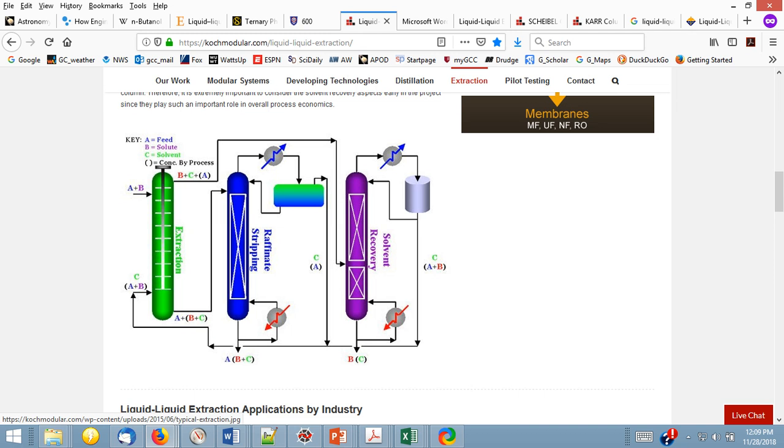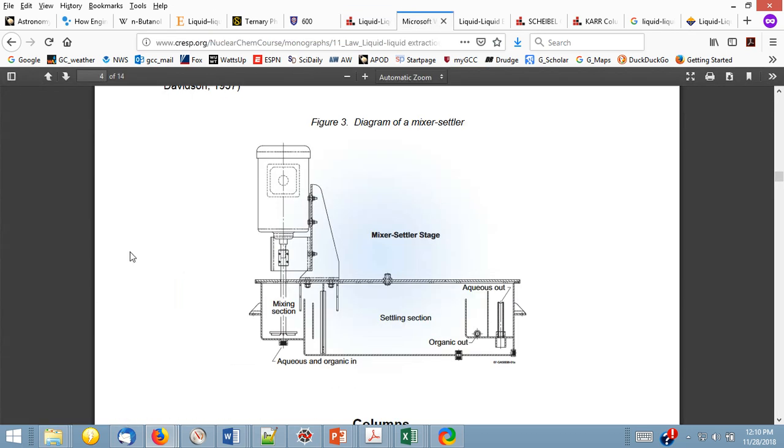We have some stripping operations, probably a distillation operation further downstream to do the full separations on it. Here's an example of a really simple extractor, maybe a single stage mixer settler. You simply mix the two fluids together, generate small droplet sizes, get good contact surface area between the two fluids, and then allow them to separate out.